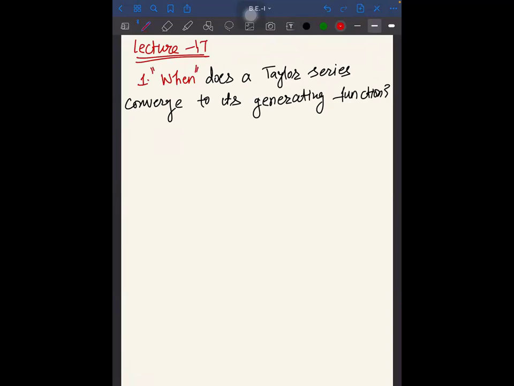When does it, meaning what? Let's say, for an example, we have done this thing. We know this. We have done it in terms of power series as well, in terms of Taylor series as well.